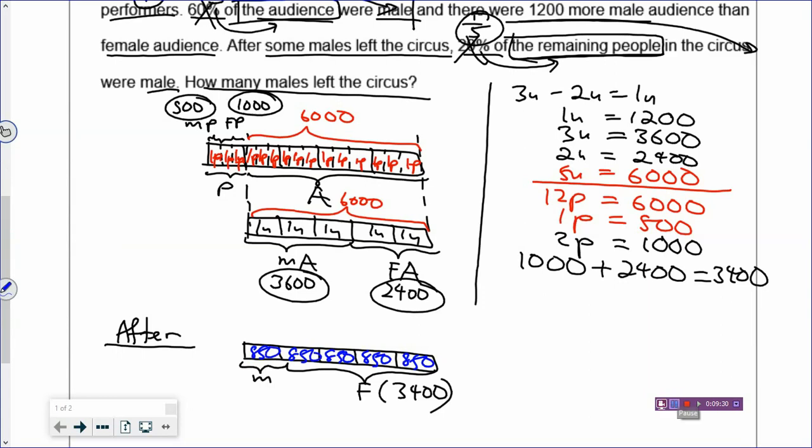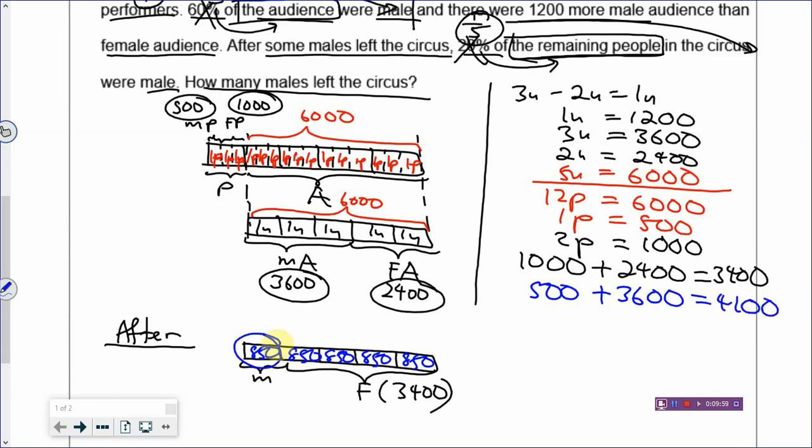Okay, alright, so what do we do next? So how many males leave the circles? Now, can you see that you have 850 males in the end? These are the number of males in the end. So can you find how many males at first? You look at the male performers, and you add the male audience, which is 3600, and you have 4100 males at first.